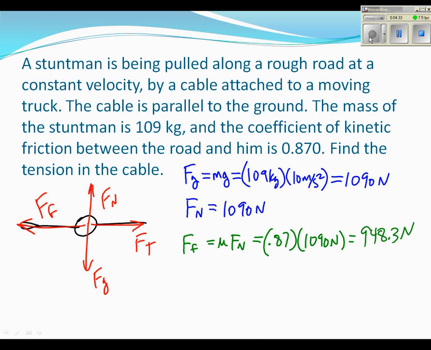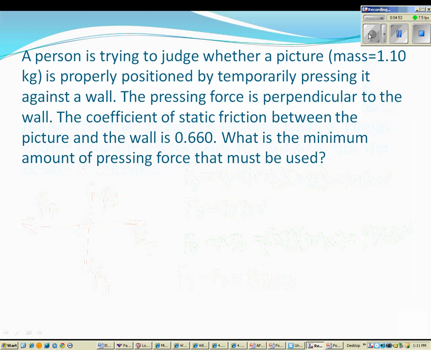So that means since our force of tension is equal and opposite to the force of friction, the force of tension equals the force of friction, and that ends up equaling 948.3 newtons, and that's our final answer here.